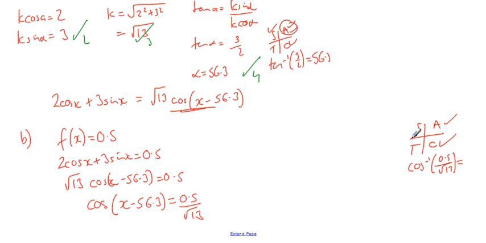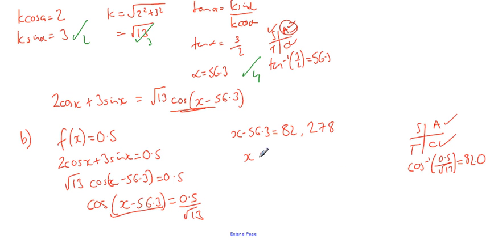That is equal to 82.0. So after you've got rid of the cos, x minus 56.3 is going to equal 82.0 in the first quadrant, and 360 take away 82, so 278 in the fourth quadrant.